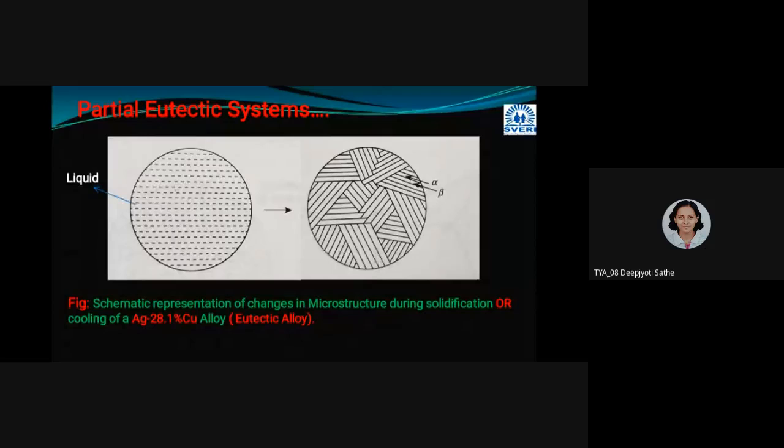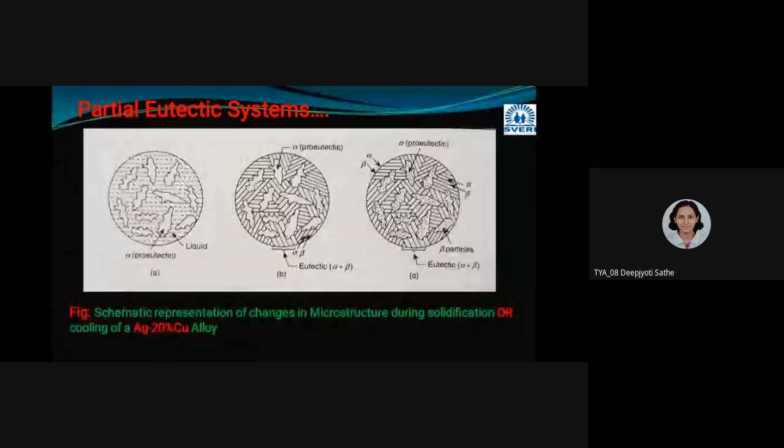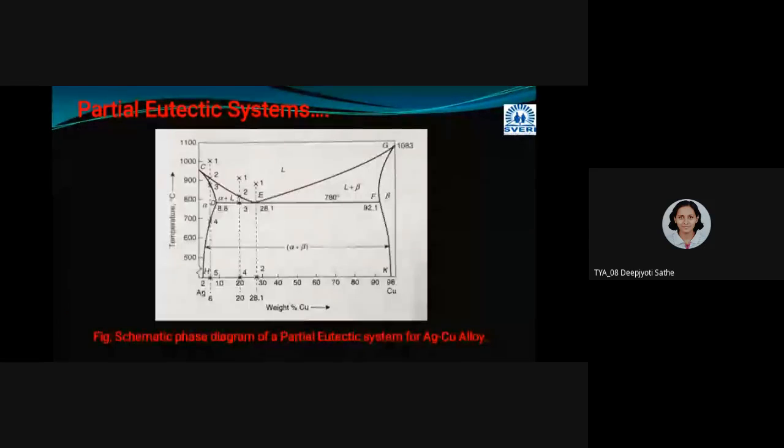You can refer to this diagram. That alloy with 28.1% copper indicates the composition represented by point E. This is the eutectic alloy. Now what exactly happens here?